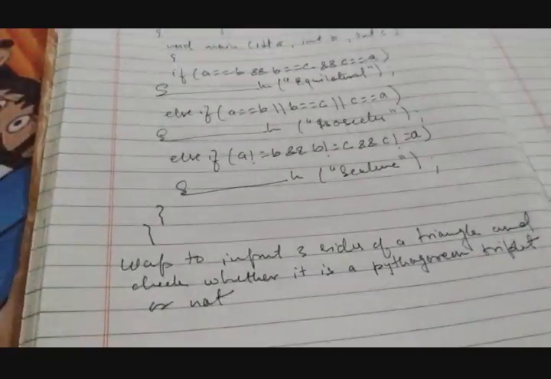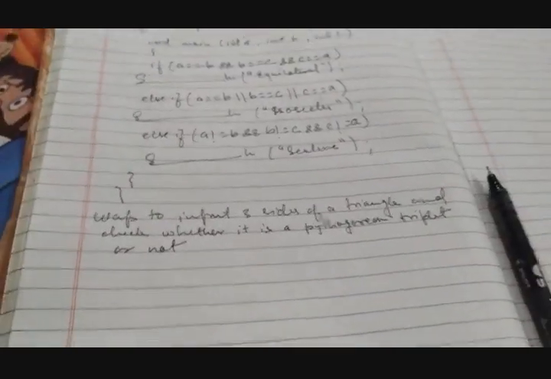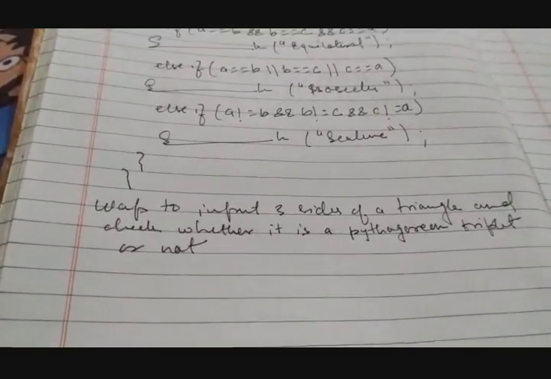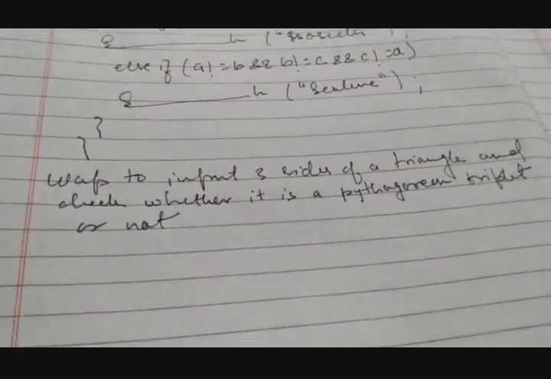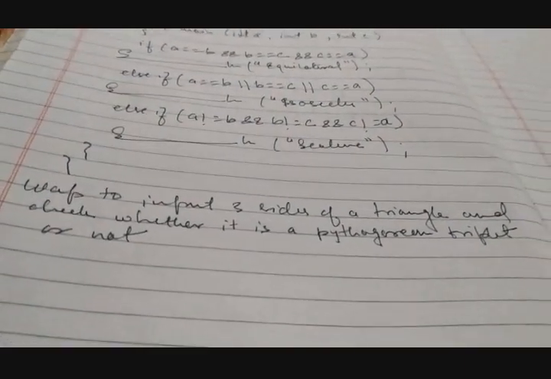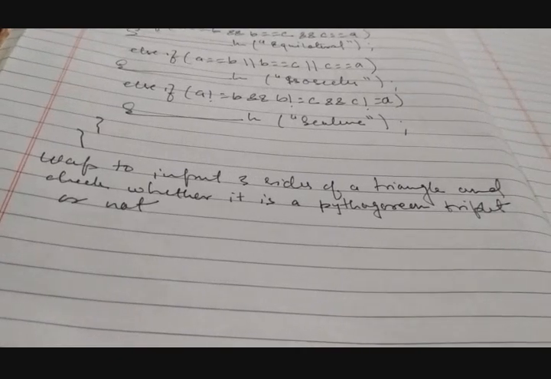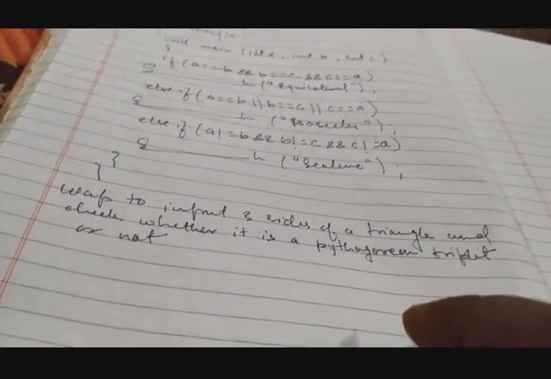3, 4, 5. 3 square plus 4 square equals 5 square. That's a Pythagorean triplet. So the triangle should be a right angle triangle, and you must be able to fetch the hypotenuse. If you are able to get the hypotenuse, then only you can get the base square plus altitude square.